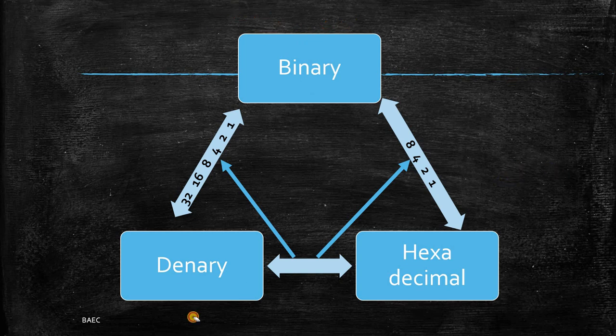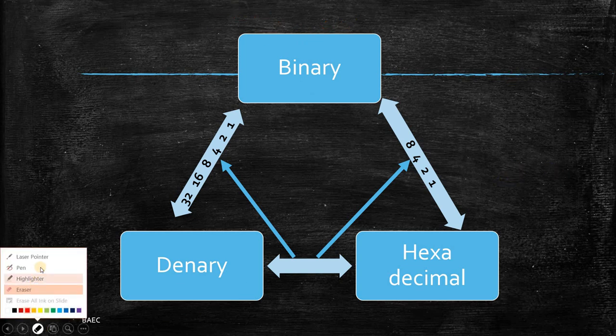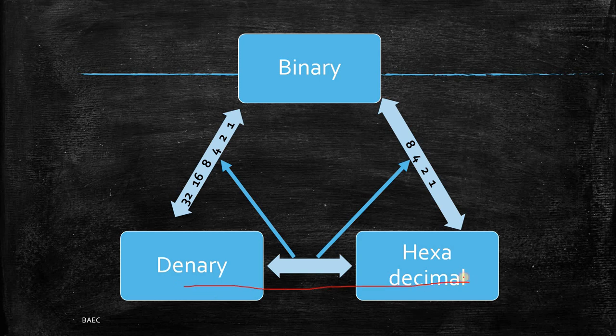So I repeat, when you get denary to hexadecimal or hexadecimal to denary, you go in this direction and come in this direction. The same way, hexadecimal to denary, you will go to binary first, then binary to denary. So this is the way to convert.